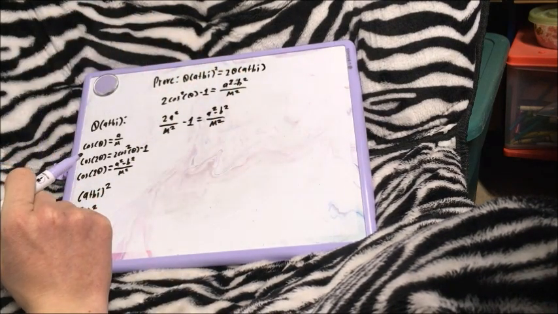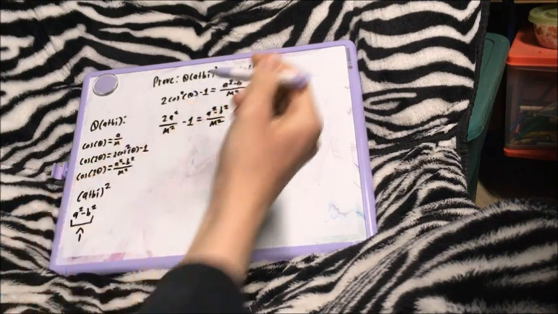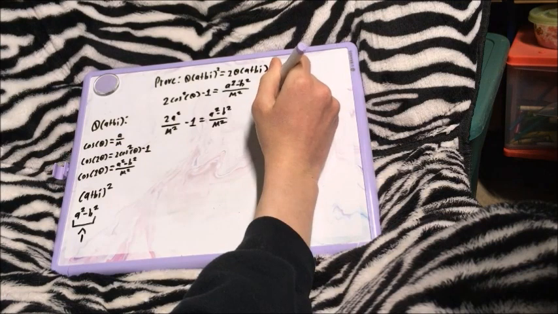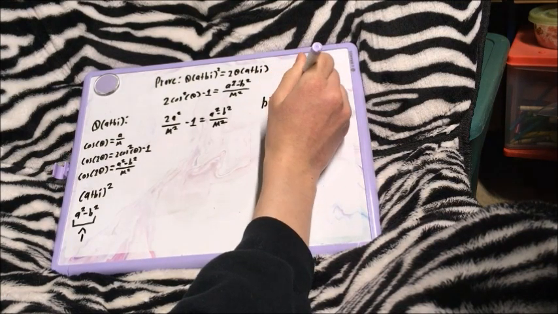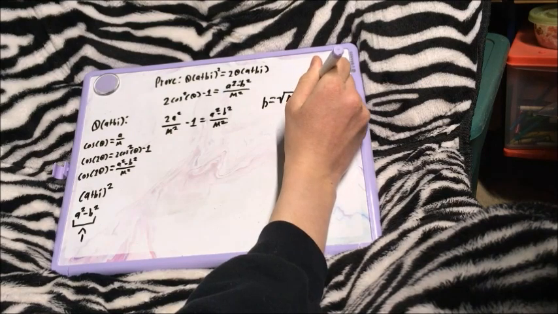Now, if you remember, our b value can be written, because of the way this is written, as b equals the square root of m squared minus a squared.